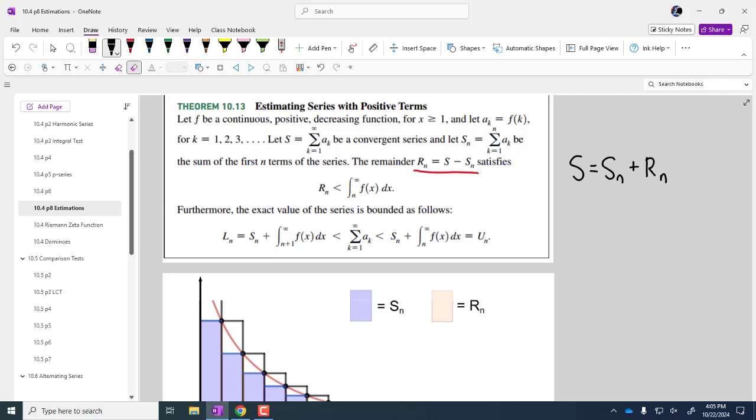So the further we go out in the series, the closer we are to S with S sub n, and the smaller the remainder gets. As n goes to infinity, S sub n goes to S, and R sub n goes to 0. What's the remainder?